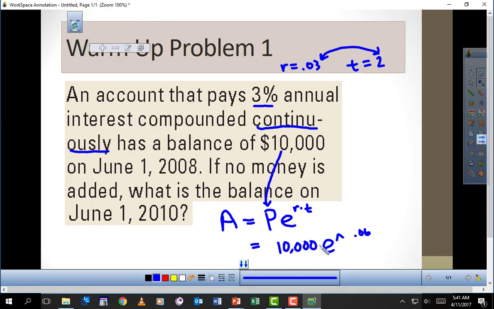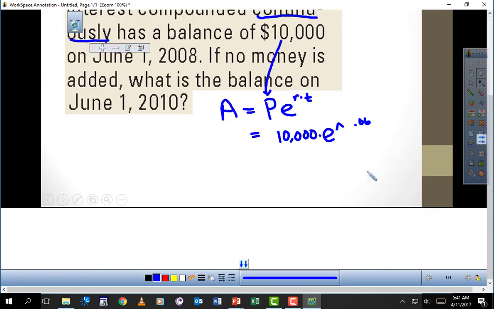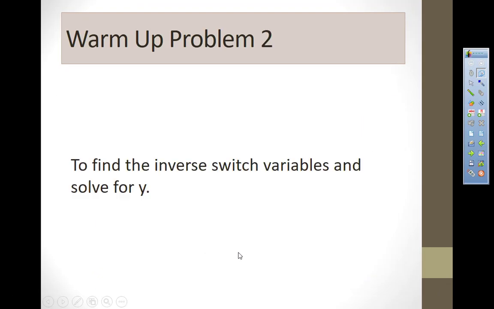Okay, and then you multiply that by e. Use the caret key. Sometimes when you use our calculators, it will automatically put you up in the exponent. You won't need the caret key. Okay, so I'll let you do that problem. That's a little review of what we've been doing. And now let's get back to the PowerPoint.